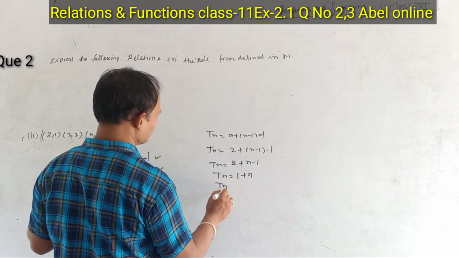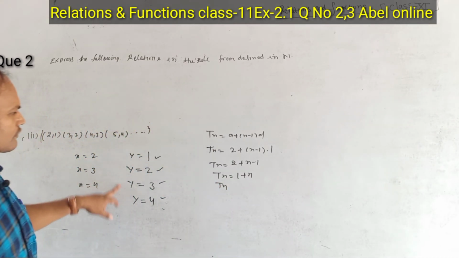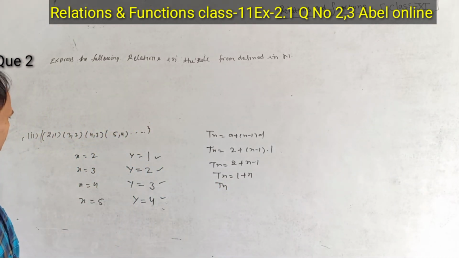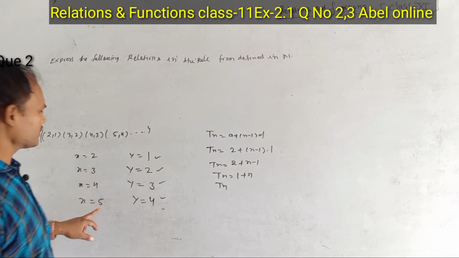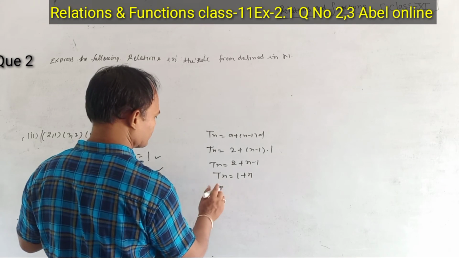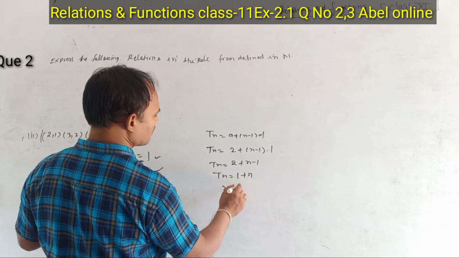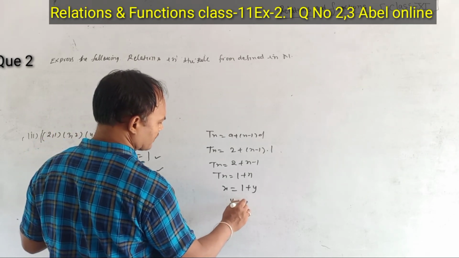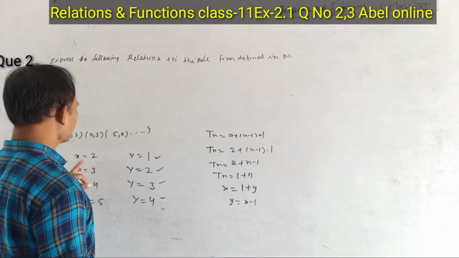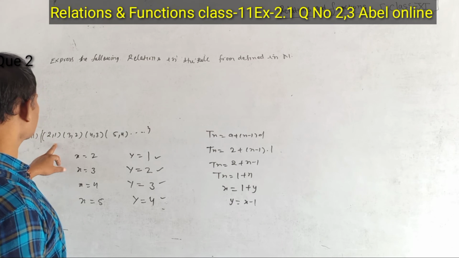Here Tn is x, the values 2, 3, 4, and n is y. So x equal 1 plus y. So y equal x minus 1.